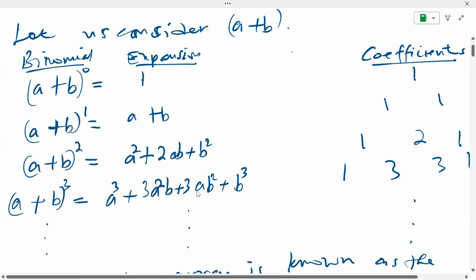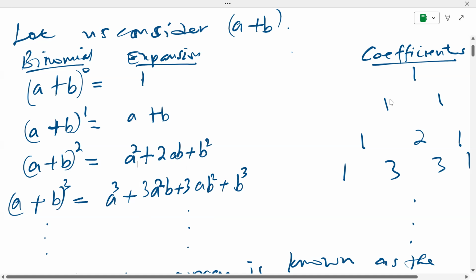Then with our 3ab squared plus b cubed, the coefficients are 1, 3, 3, 1. If you want to multiply them out, we are going to multiply the whole of this by (a plus b) to get (a plus b) cubed. If you want (a plus b) raised to the power 4, the result we have here we are going to multiply by (a plus b), and that will be tedious. So there is a pattern that runs through.